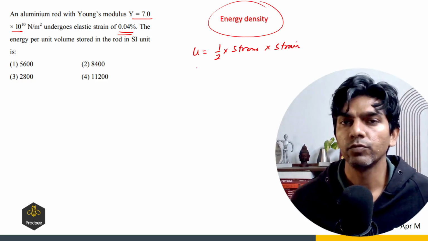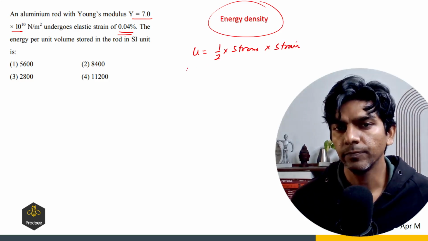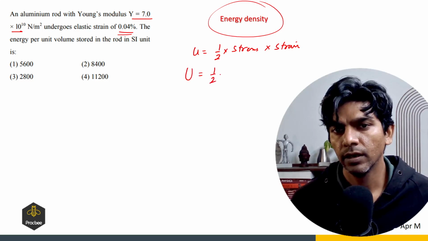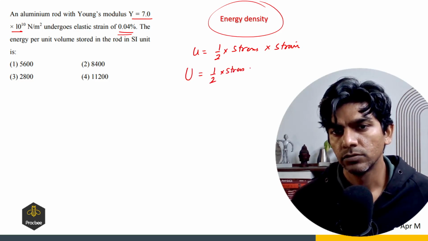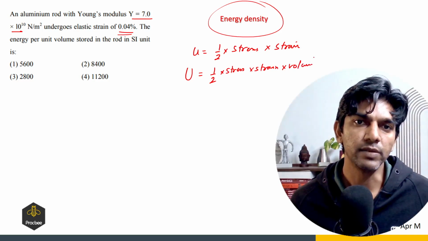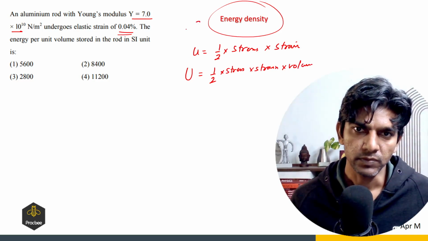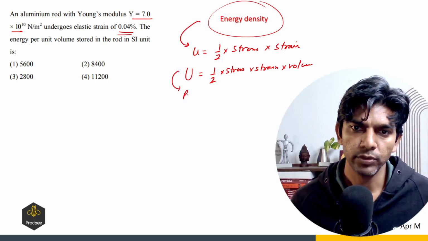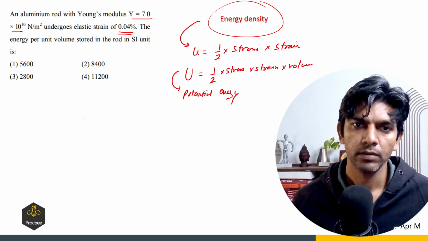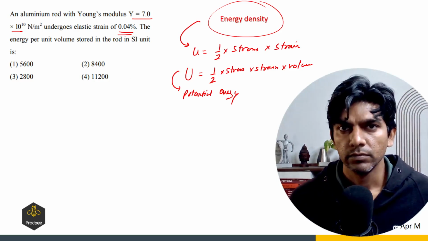And if you want to find the potential energy, it will be half times stress times strain times volume, where volume is area of cross section times the length. So this is energy density and this is potential energy stored in the stretched wire.